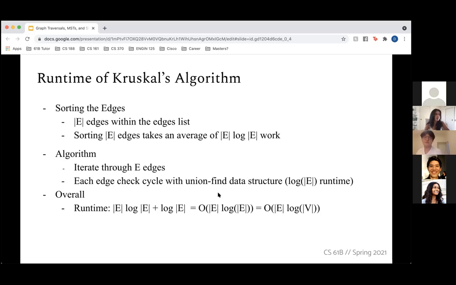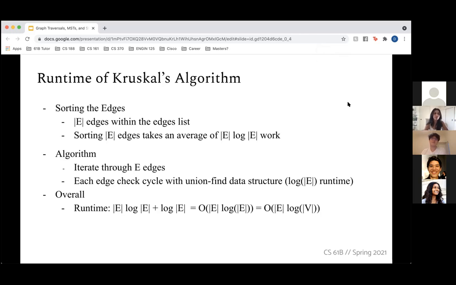And the reason for this is that the largest number of edges you can have in a simple graph is V squared, right? So E is at most V squared. So when we have log V, we can plug in E squared into that, which gives you log of E squared.